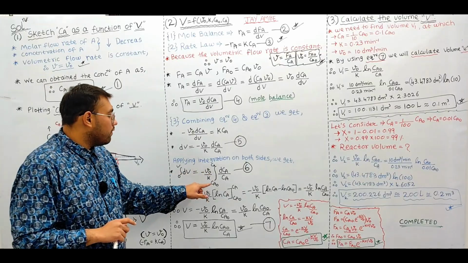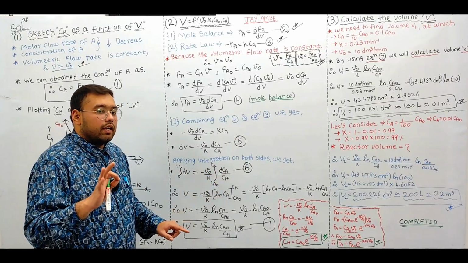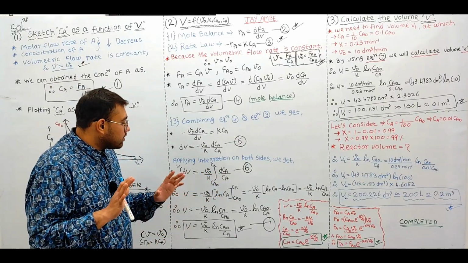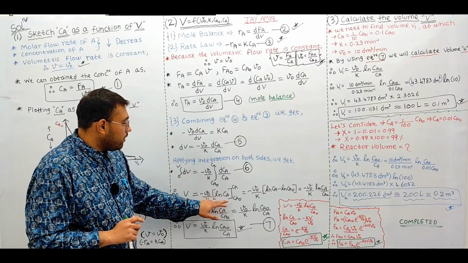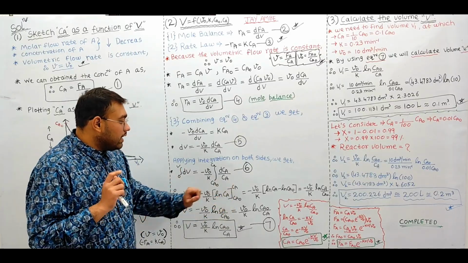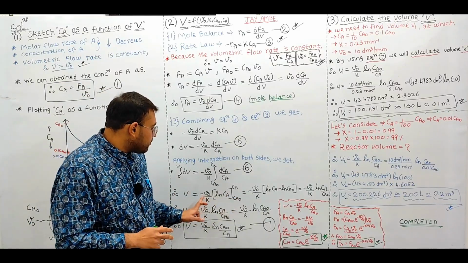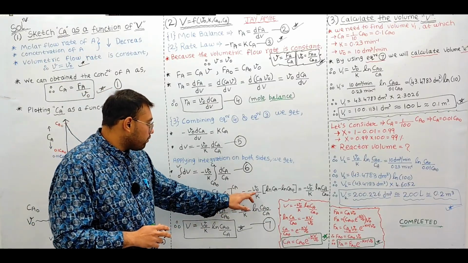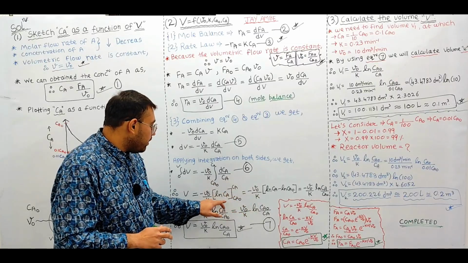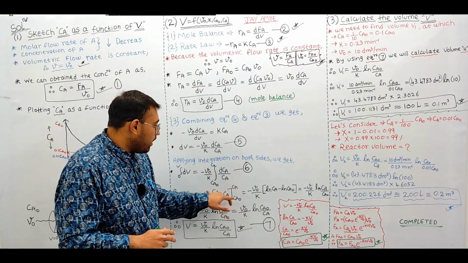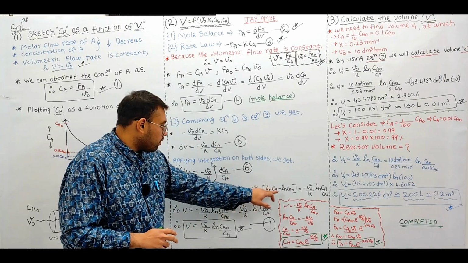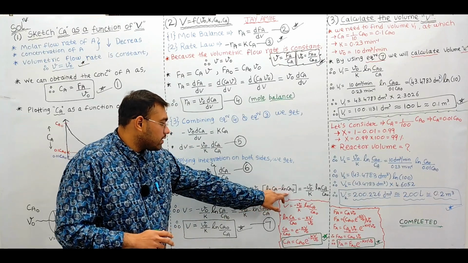Integration of dx by x is ln x, so we are using the same formula: ln CA from limits CA naught to CA. After further solving, this term minus v naught by k remains as it is, and applying the limits, ln CA minus ln CA naught.